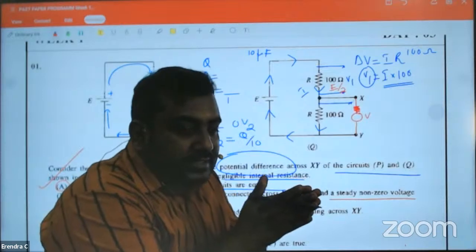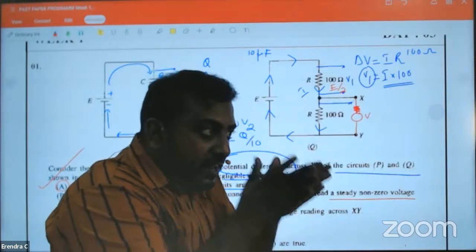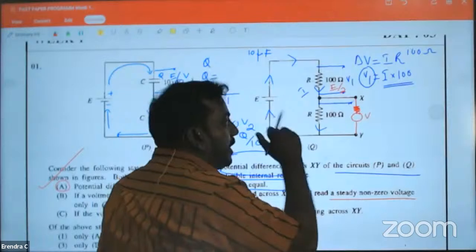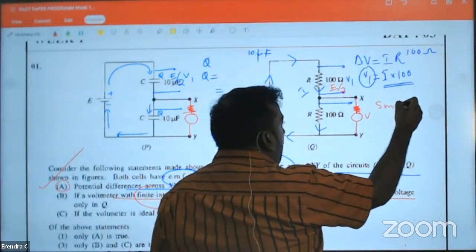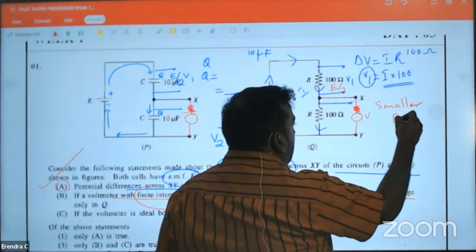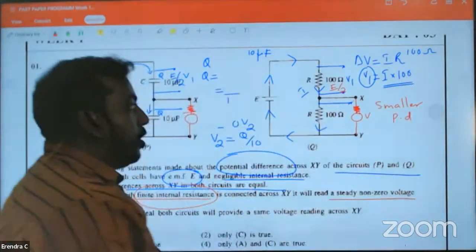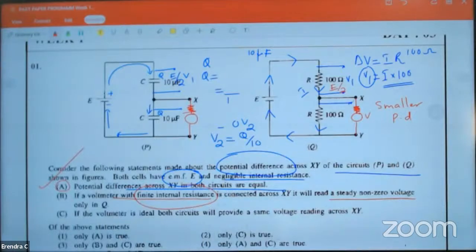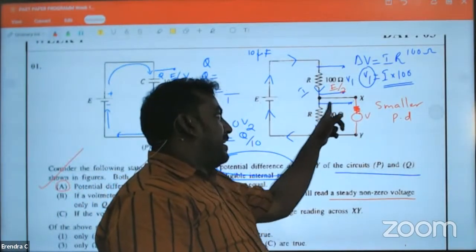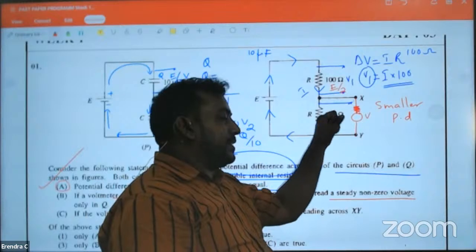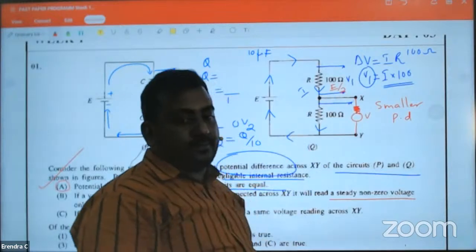Effective resistance is smaller, and you remember potential is divided, so the voltage is smaller.